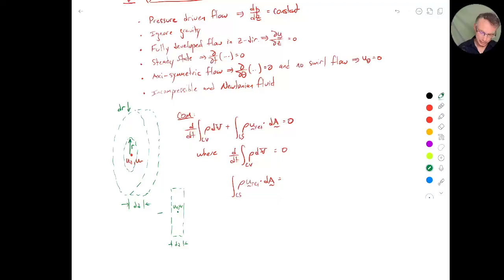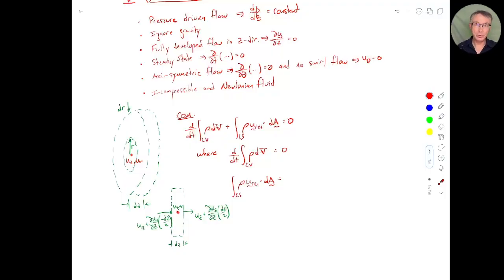And I said right at the middle, the velocity is uz and ur. So the velocity coming in from the side here is going to be uz plus duz/dz times minus dz over 2. And then on the right side, it'll be uz plus duz/dz times a positive dz over 2. The idea here is that if we say that the velocity is uz at the center, and I don't know what that velocity is, we're trying to derive what it is.